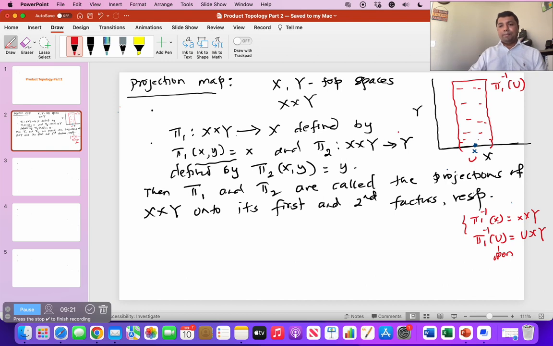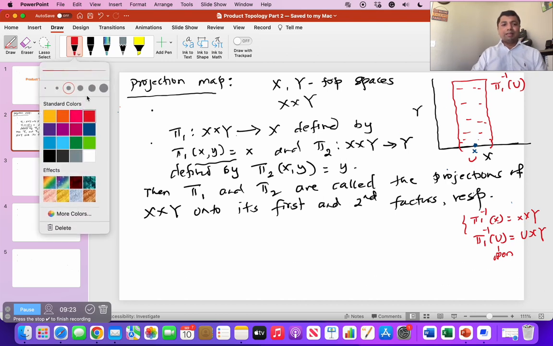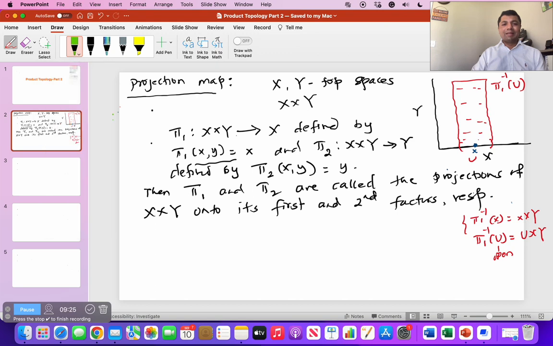And similarly, now let's take an open set in y, and let me call that V, okay. Then similarly we can find the inverse image of V with respect to pi 2, because pi 2 is related to y here.